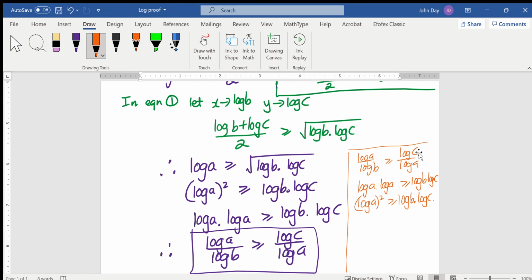So that's actually log of 2A if you're going to try to put it together. But otherwise it's log of A squared. So we end up with log of A being bigger than the square root of log of B times log of C as another way of representing that. But we run into a problem with trying to get the summation that's required.